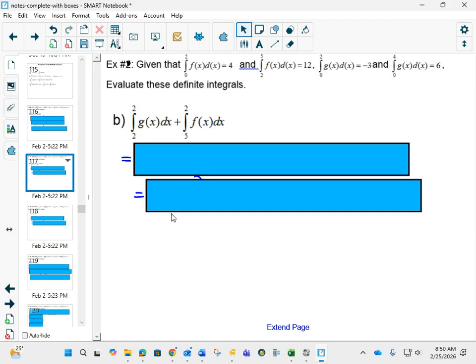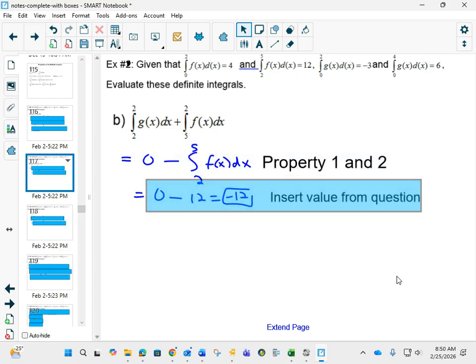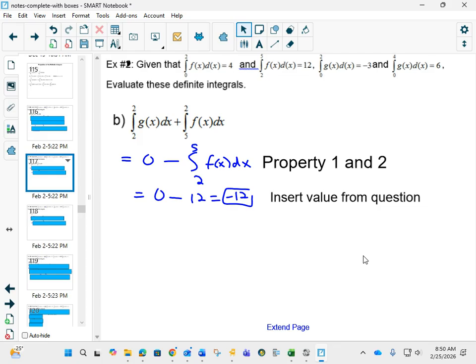All right, I'll show the answers for the first two to see if you were on the right track. Good. So going to the same number is going to be 0.